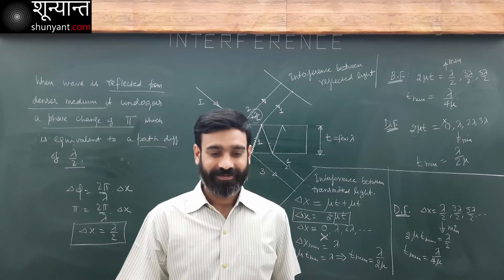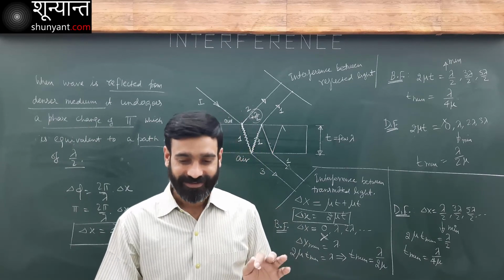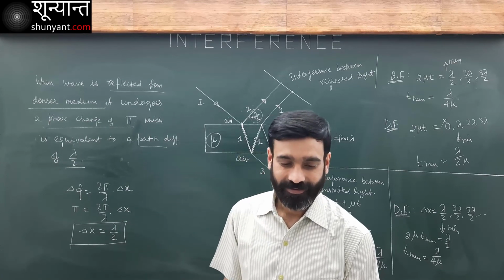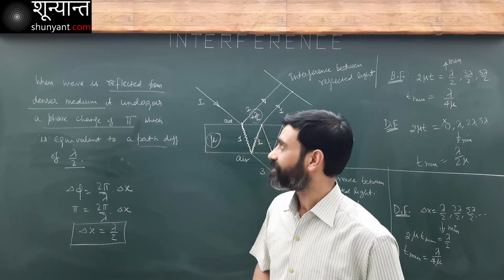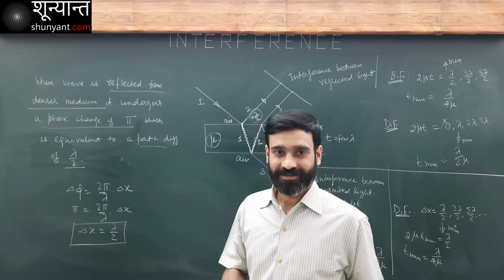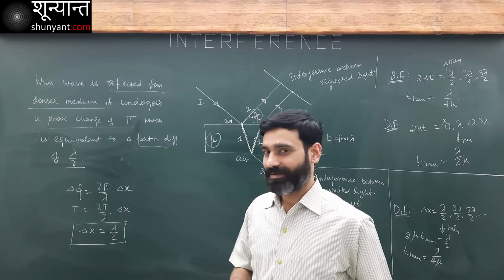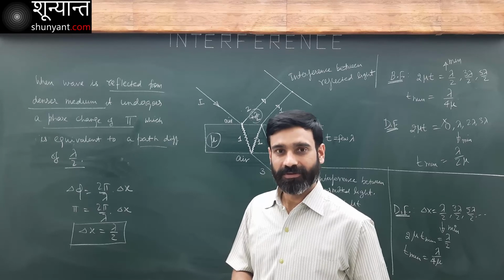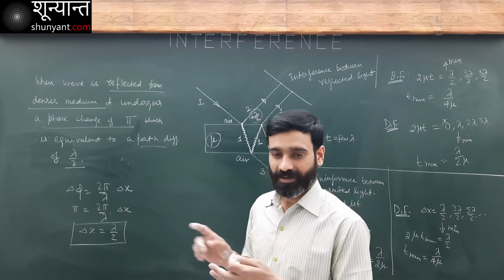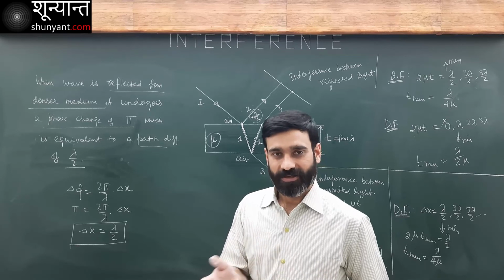Okay. So that's it for this lecture and this chapter. Solve problems. Let's discuss wherever you face difficulty. And then the next lecture in sequence will be diffraction. This chapter is interference, and the next chapters are diffraction and polarization.